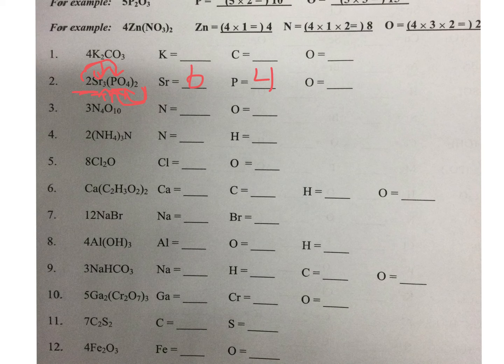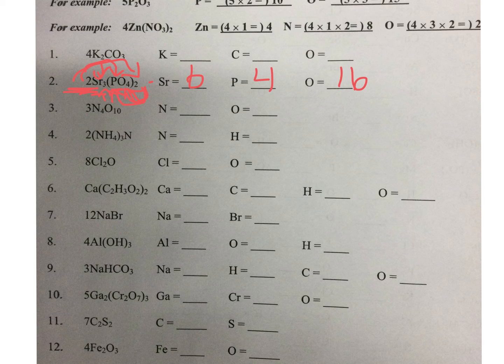Good job. Now for oxygen, you have 2 times 4. What is that total? 8. And then you're going to use that coefficient in front. So 2 times that 8 is going to give me 16. Very good. And so that's your totals for number 2.